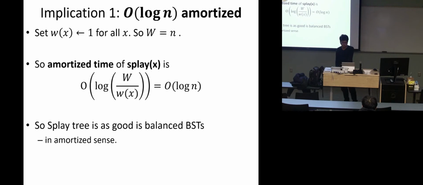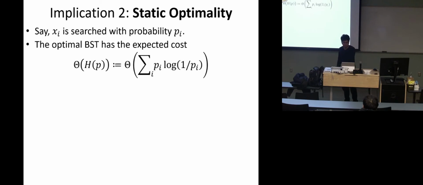Okay, good. Now I want to say that it's not just as good as a balanced tree, it's as good as any tree. It's statically optimal. Look at the setting where you do dynamic programming to solve for the optimal binary search tree.